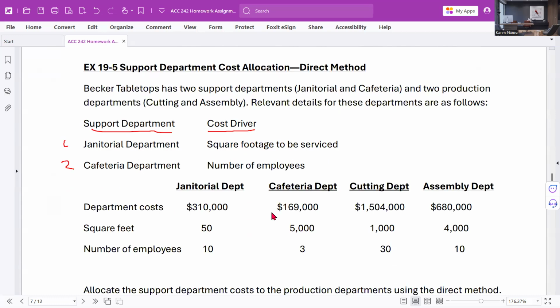So we're going to allocate the janitorial department based on square footage. Here's the square footage, right? And we're only allocating to the production departments because we're using the direct method. The direct method just allocates to the production department. We're going to use the square footage to allocate the janitorial department costs to these two departments.